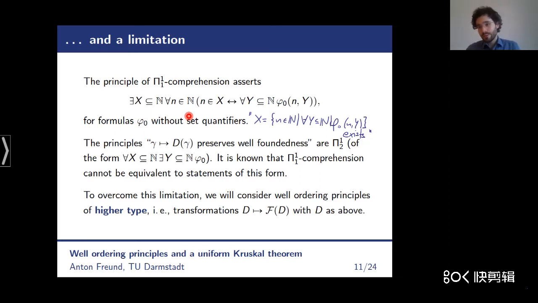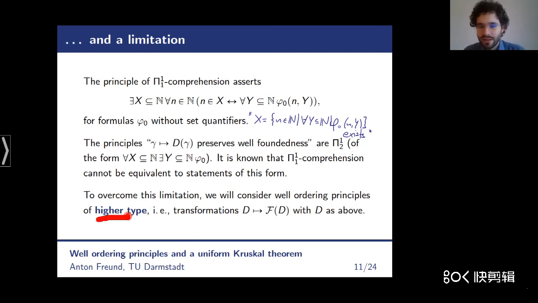And since I have already stressed the words type 1 a few times now, the way out of this limitation is also visible on the horizon, I guess. Namely, in order to overcome this limitation, we will want to look at well-ordering principles at higher type. So previously, the input of our well-ordering principles was a single order, and the output was also a single order.